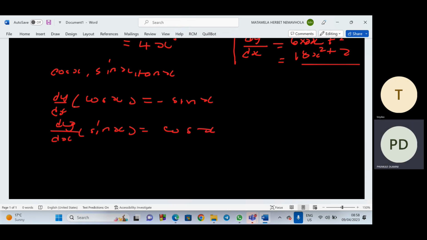So the only thing you must take into account is that when you differentiate cos, it changes to negative, but when you differentiate sin, it does not have a negative.